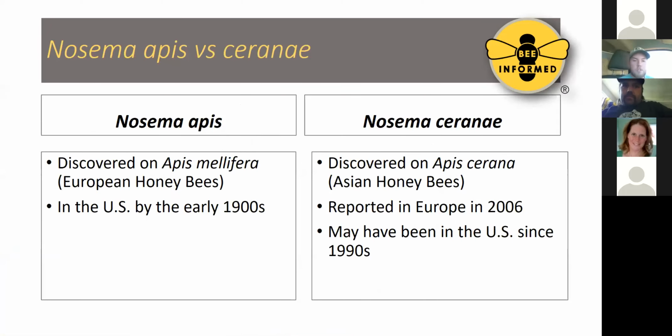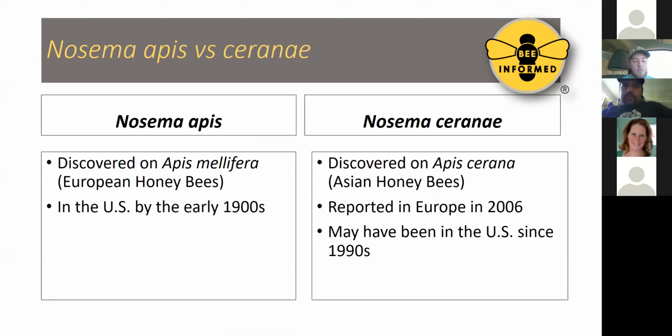Okay, so the two types of Nosema that affect honeybees are Nosema apis and Nosema ceranae. Nosema apis was discovered on Apis mellifera, the European honeybee. It made its way into the U.S. by the early 1900s and was believed to be the only type of Nosema that affected honeybees for a long time. That was until Nosema ceranae came along.